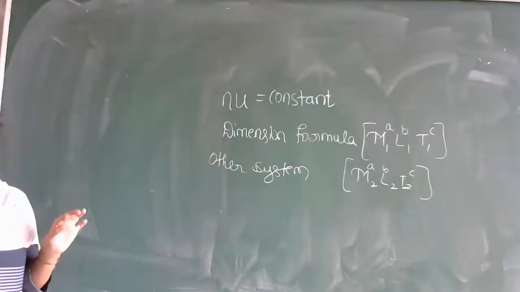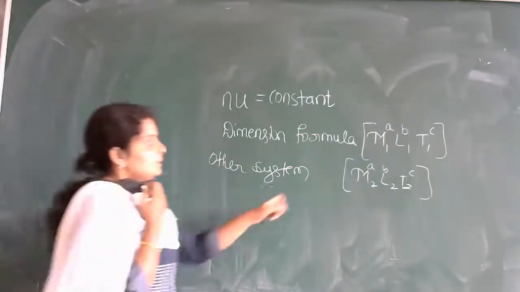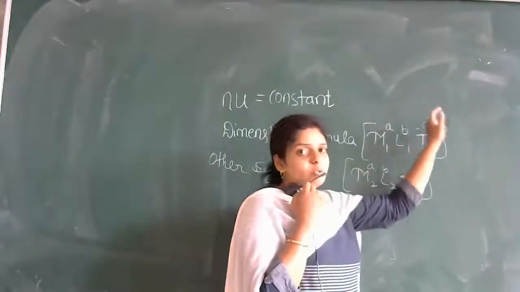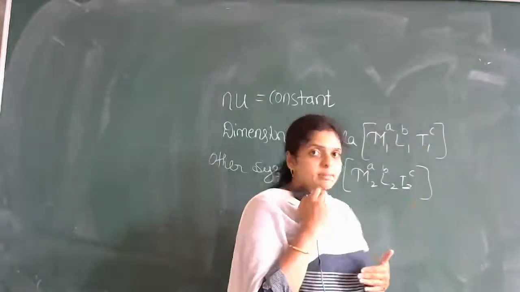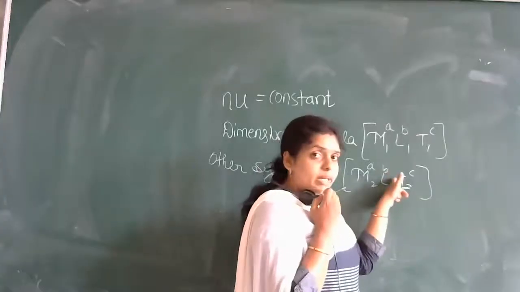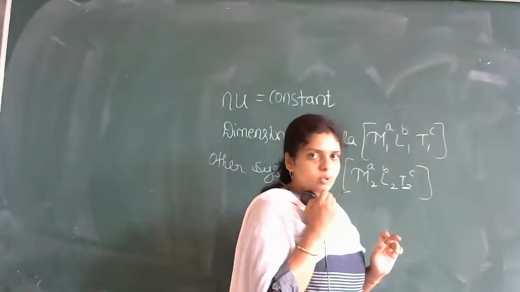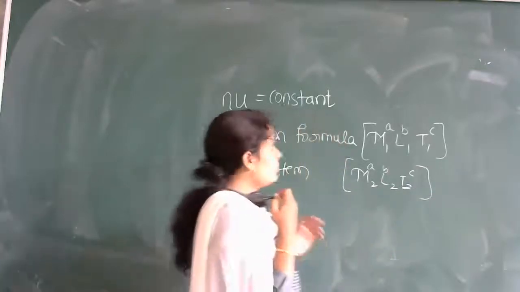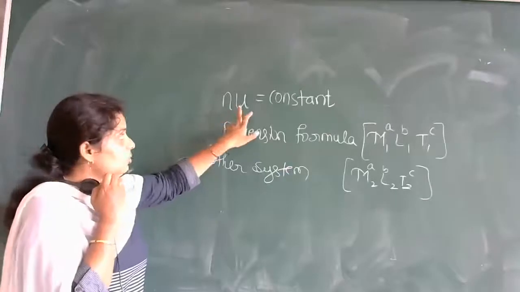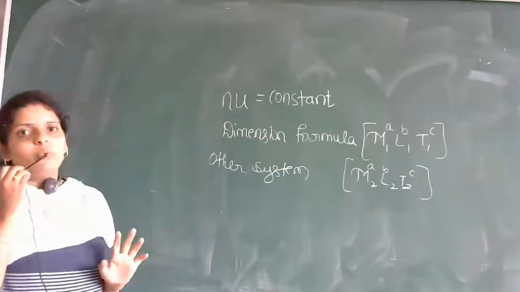I represent its dimension formula in one system as M1 raised to a, L1 raised to b, T1 raised to c, and in the other system as M2 raised to a, L2 raised to b, T2 raised to c. Now, how do you represent a physical quantity? You represent it as n into u. So now what can I write?